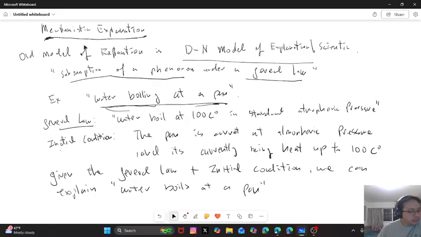Okay, so this is how the DN model of scientific explanation works.